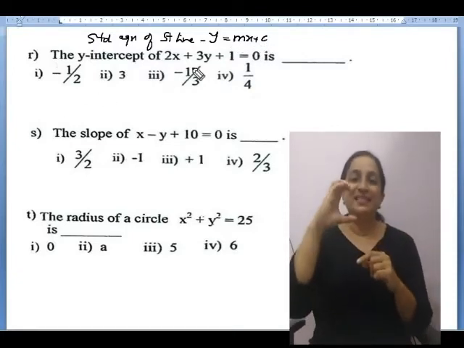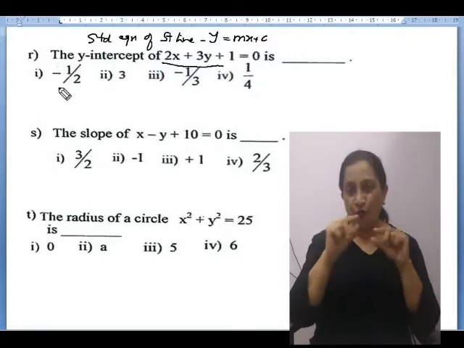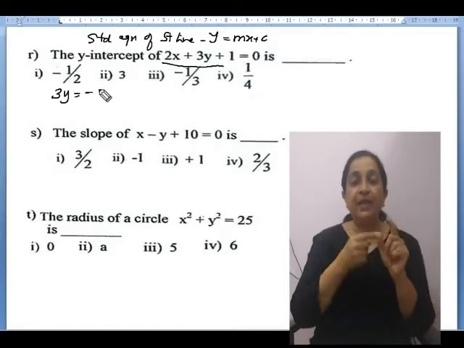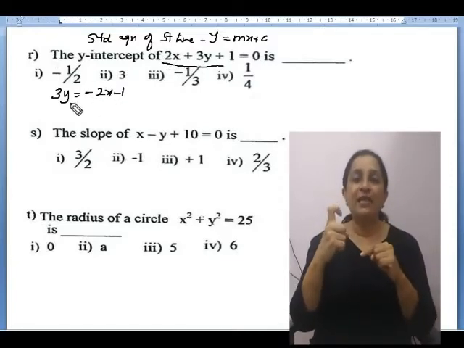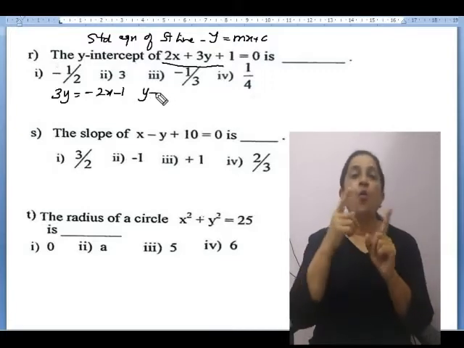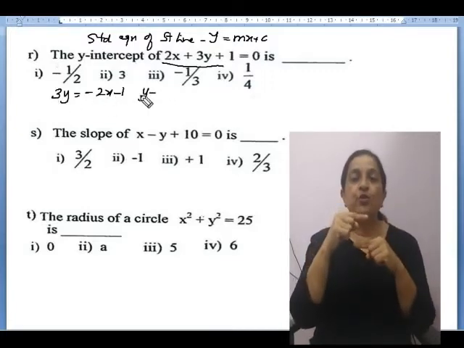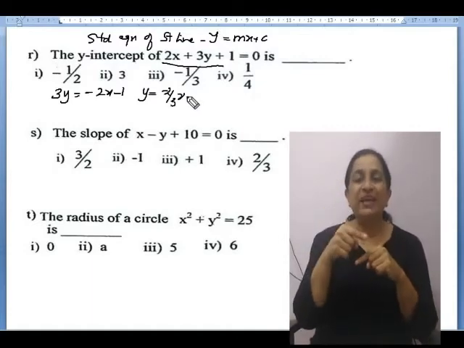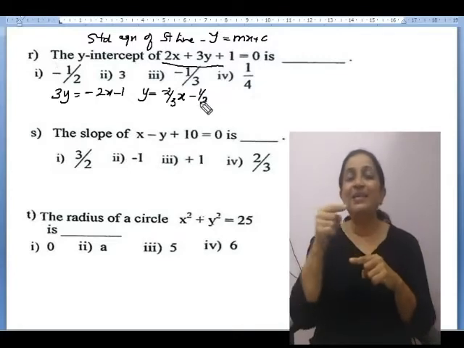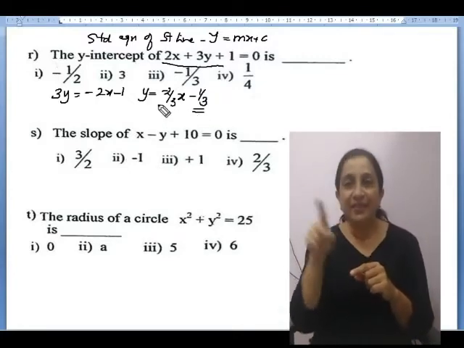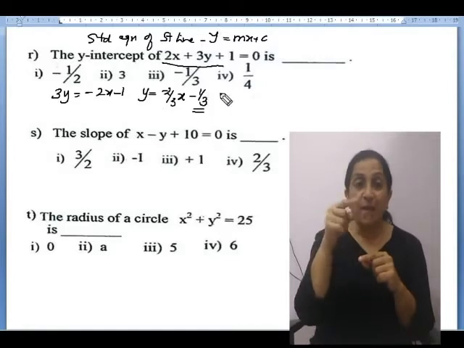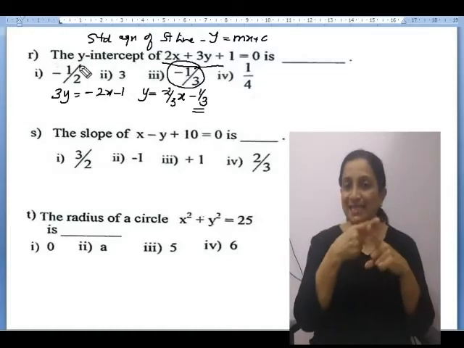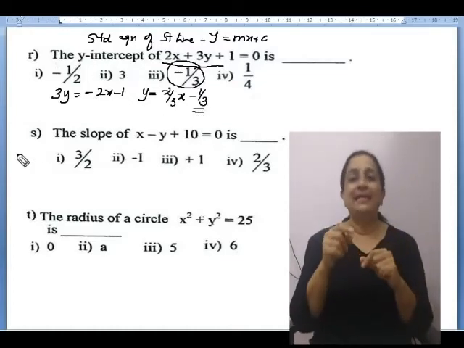So put it in that format here. 3y is equal to, take the other components to the right, minus 2x minus 1, or y is equal to, you divide everywhere by 3, minus 2 by 3 x minus 1 by 3. So this is the intercept, minus 1 by 3, so the answer is minus 1 by 3. It is called the y-intercept.